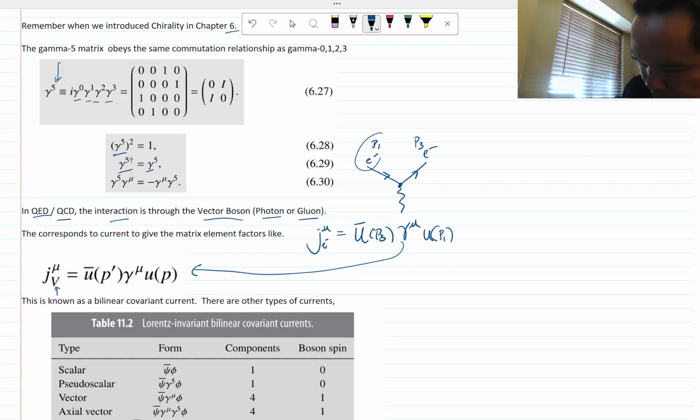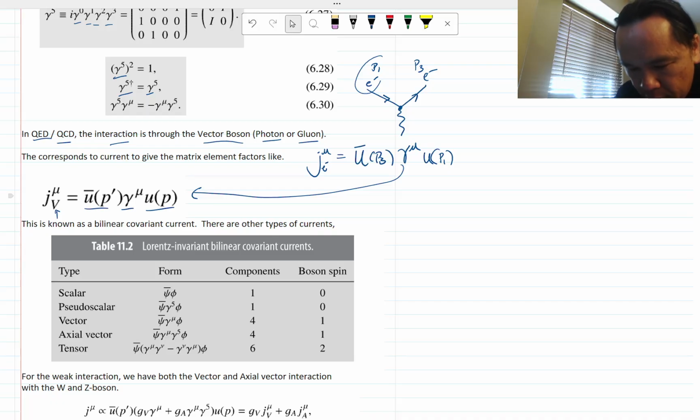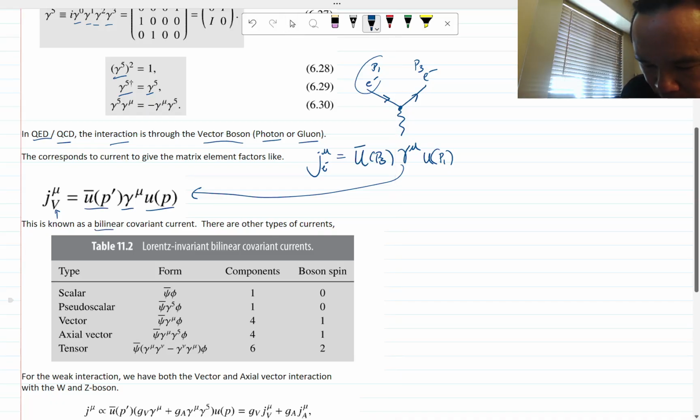It's basically u-bar, then gamma mu, then u of the incoming fermion. This is known as a bilinear covariant current.